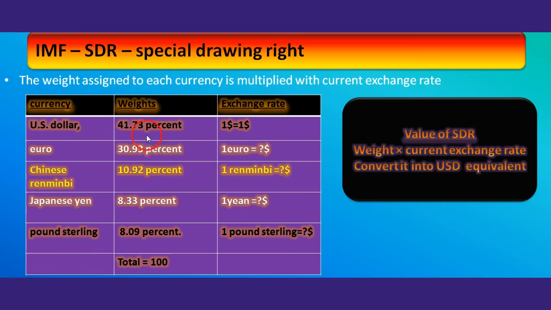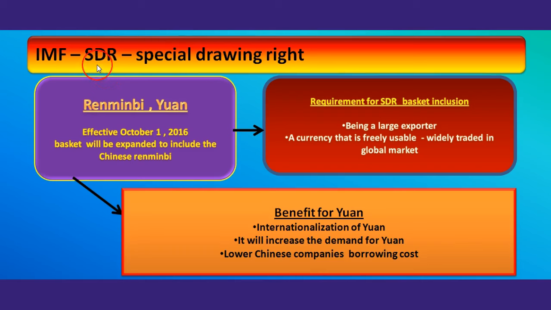This weight is multiplied by the current exchange rate in US dollars. Effective October 1st, 2016, the SDR basket will be expanded to include the Chinese renminbi.